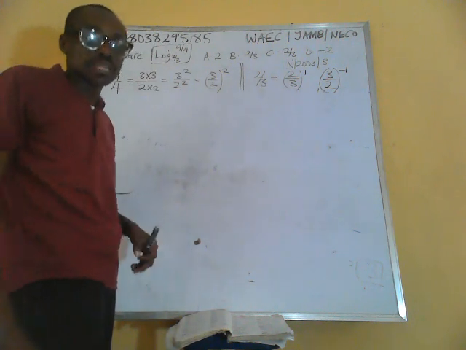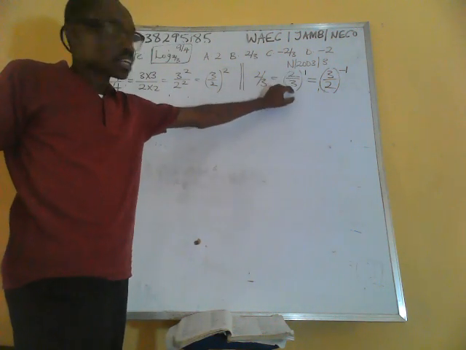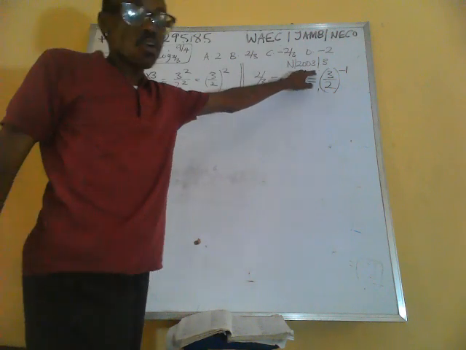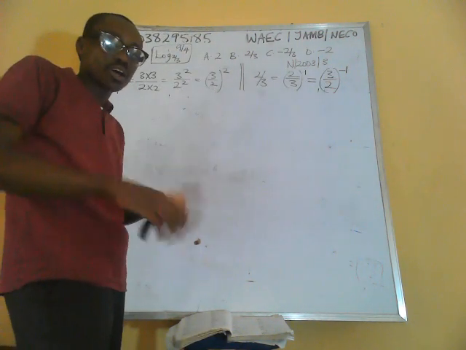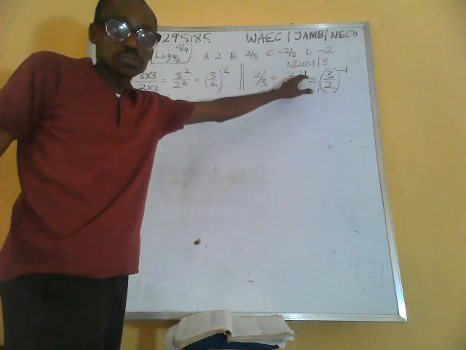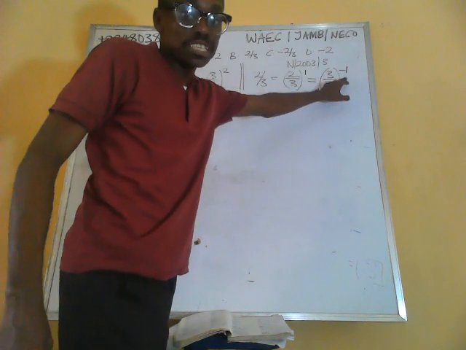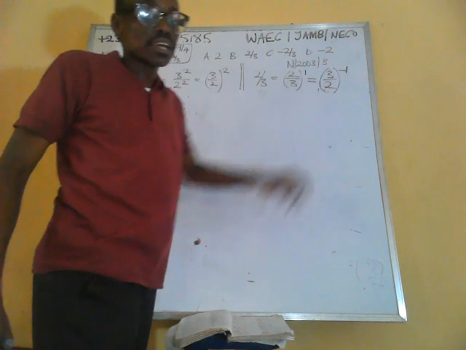So 2 over 3 raised to power 1 is the same thing as 3 over 2 raised to power minus 1. When you reverse the order of the fraction, the power is going to change. If it was positive here, it's going to change to negative here. If it was negative here, it will change to positive here.